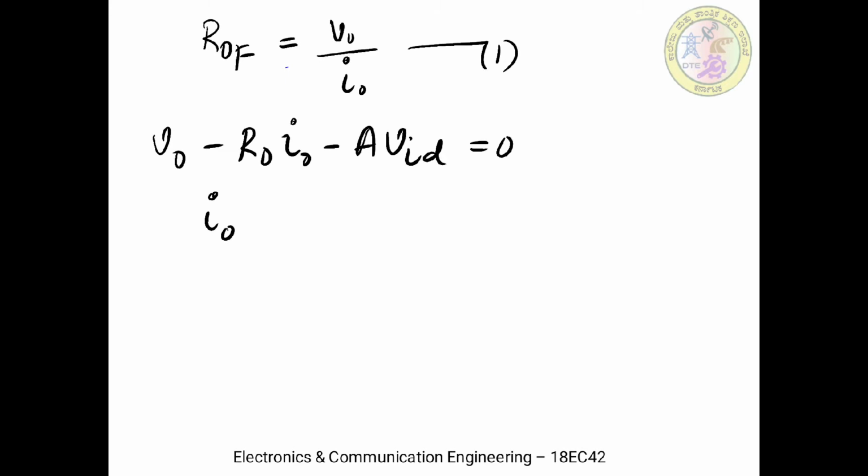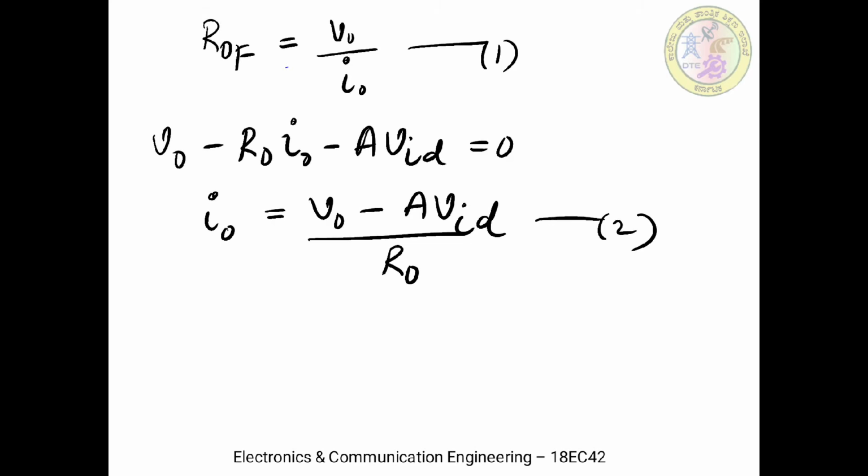From this we take out the I0 term, which is equal to V0 minus A into VID by R0. This is equation 2. Because ROF is nothing but V0 by I0, first we will derive the output current I0 and then substitute that in equation 1.